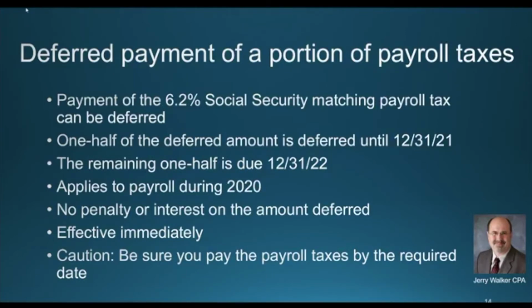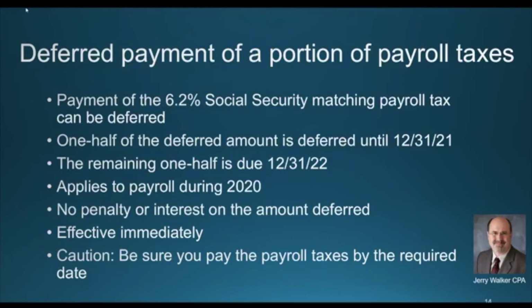Now, I'm not really strong in math, but that's about a year and 9 months from now. So they are really giving us a long extension of paying those taxes, and that's only half of the deferred Social Security tax. The other half is not due until December 31st, 2022. So, I mean, they're really being generous in giving us a long rope to pay these matching Social Security taxes.